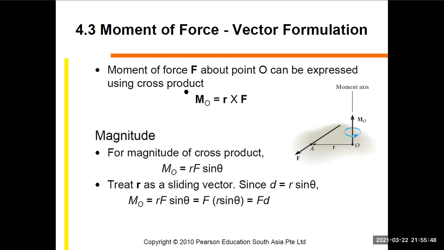So the cross product gives us the value of the moment as a Cartesian vector. The magnitude of the cross product is R times F times sin theta. So treat R as a sliding vector, as we said, from point O to any point on the line of action of F.